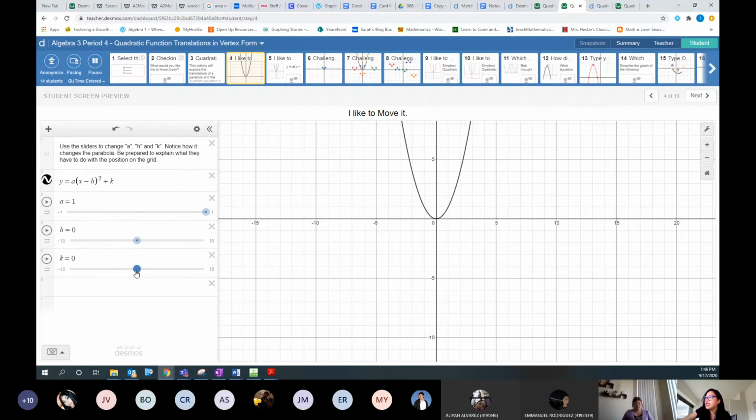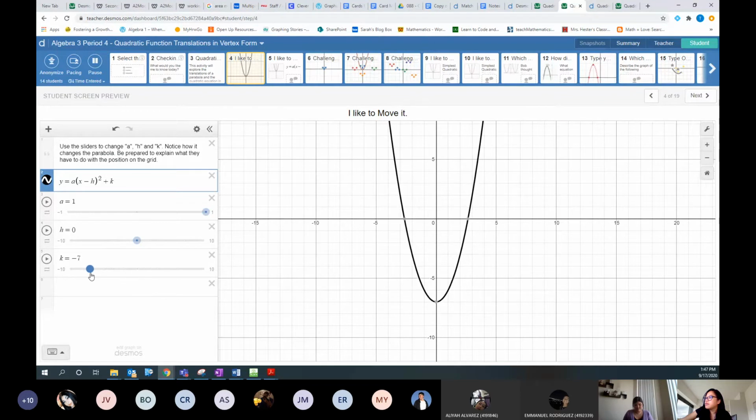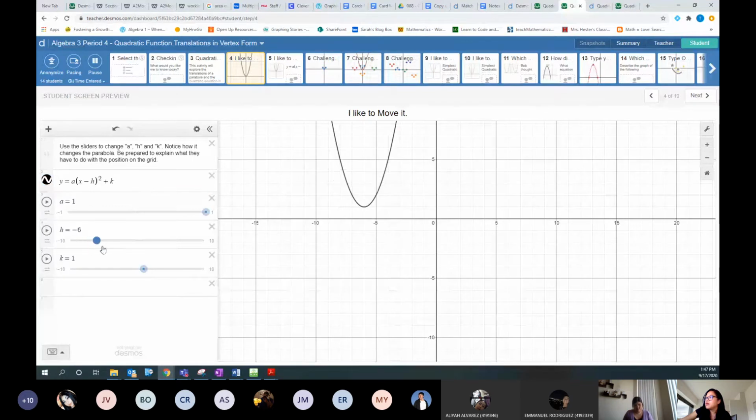Now for K, if we have positive 10, as we approach 10, the vertex goes up. You can put a point on the vertex because that's your direction. And as you move to the left, what happens to the vertex? H, what happens?